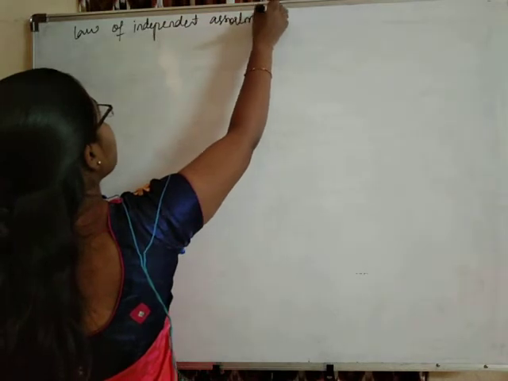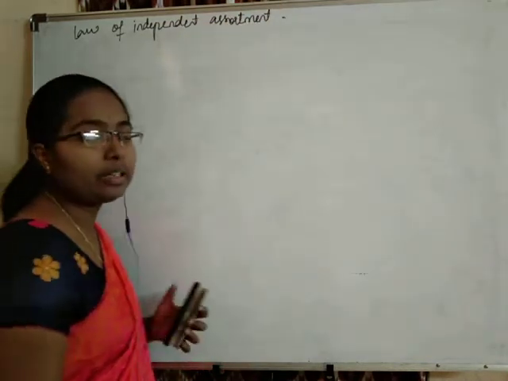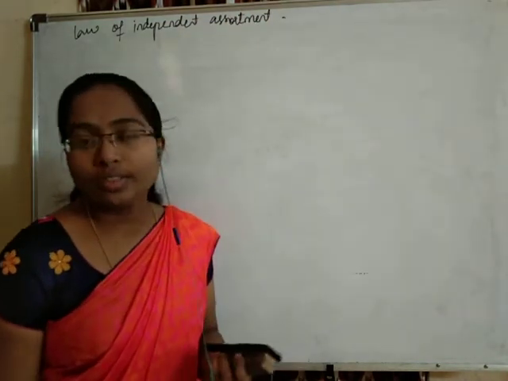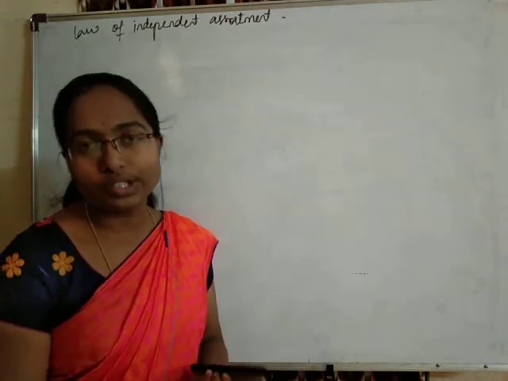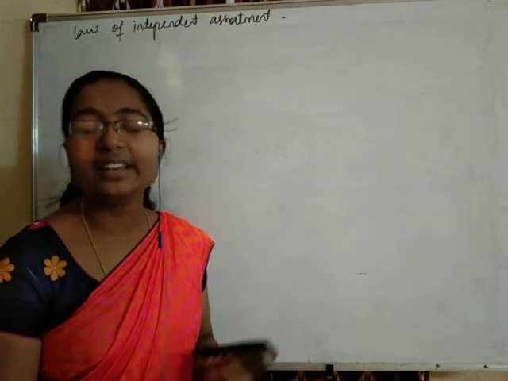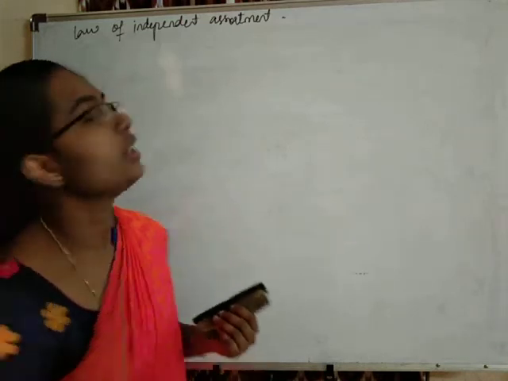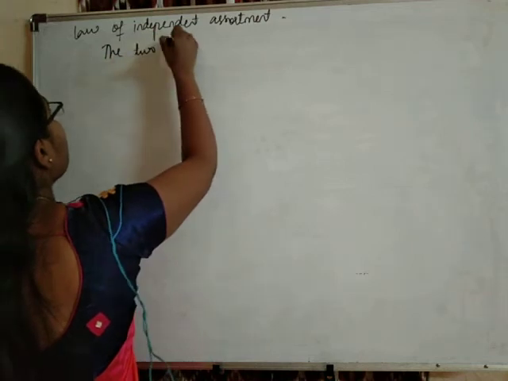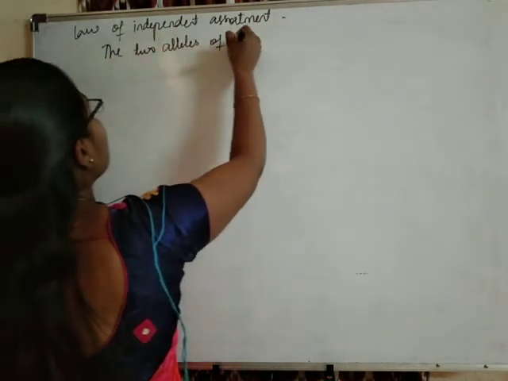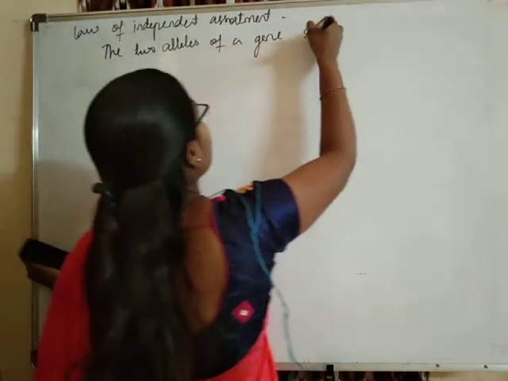This law of independent assortment says that the two alleles of a gene segregate independent of each other.